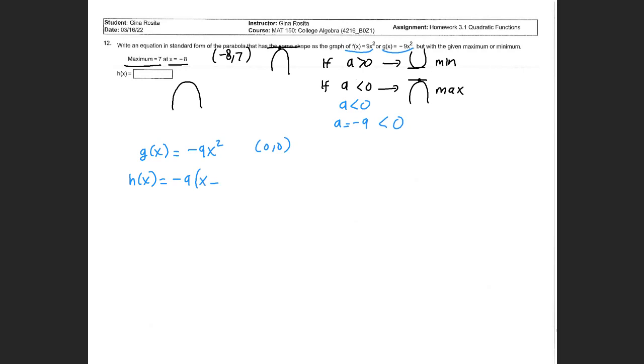The vertex is negative 8 and 7, so just replace h with negative 8: squared plus 7. Now we get the answer: negative 9 times x, negative times negative is positive 8, squared plus 7. That's the answer.